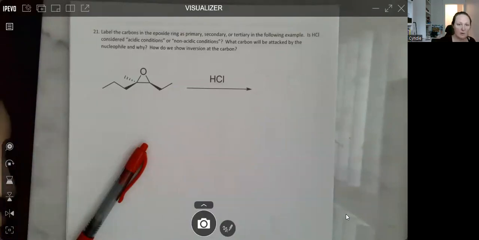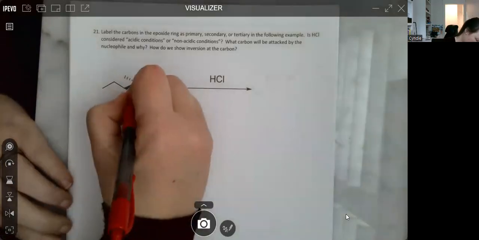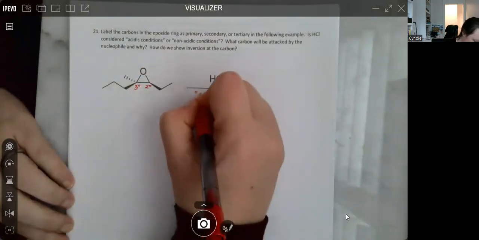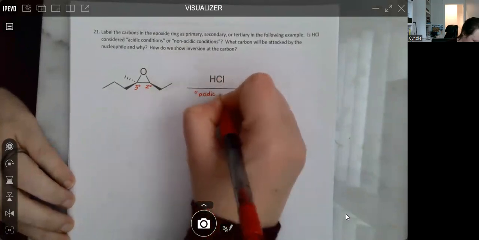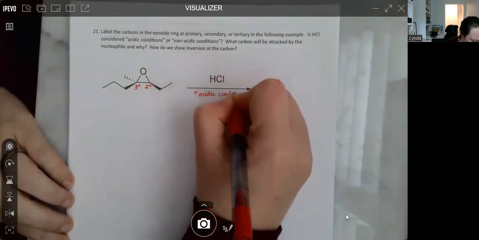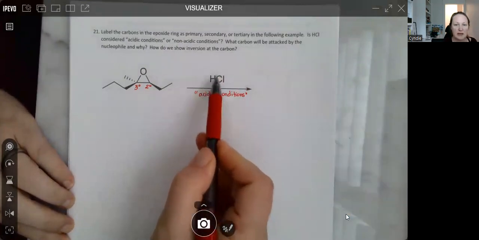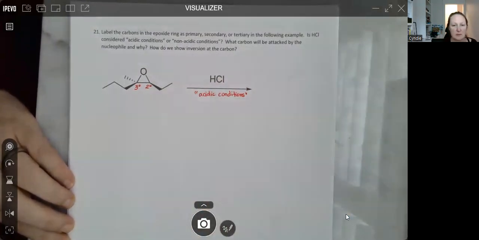Okay, so we have, again, still the same as before, right? Tertiary and secondary, but this is considered acidic conditions because, right, H plus, those are acidic protons.